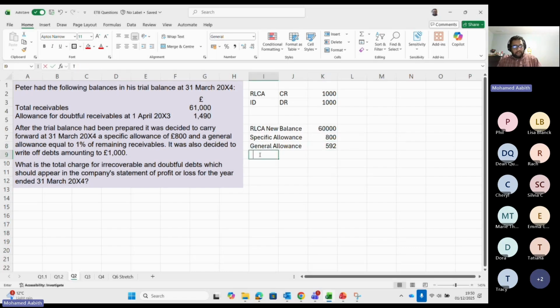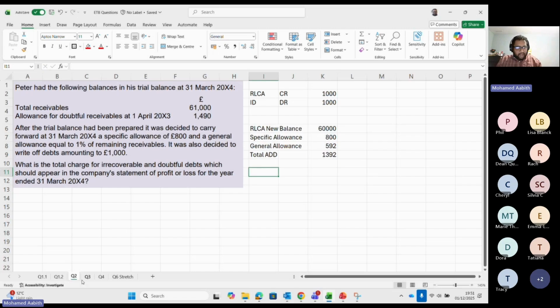So the total allowance for doubtful debt is going to be equal to this plus that number, which will be 1,392. Originally, the allowance for doubtful debt was £1,490. Now, is that allowance for doubtful debt increasing or decreasing?